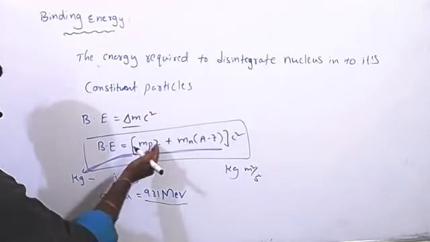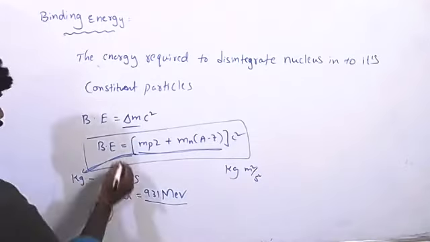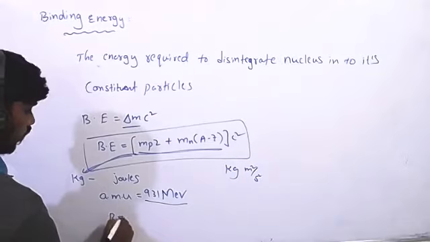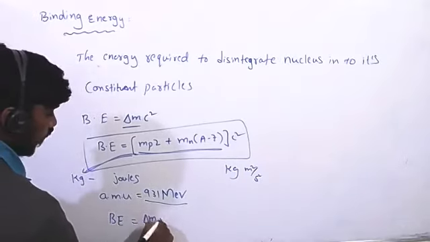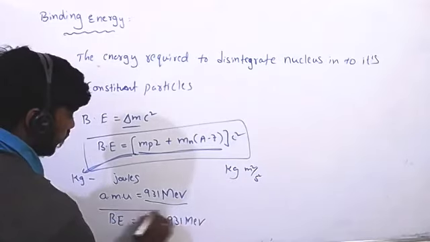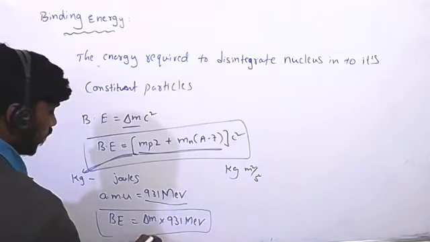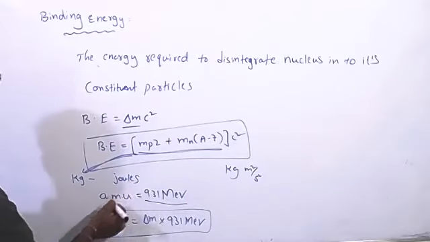If mass defect is measured in AMU, then it is measured in mega electron volts. So 1 AMU is this much. So binding energy equals mass defect into 931 mega electron volt, when mass defect is measured in AMU.